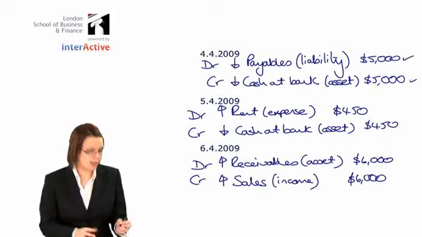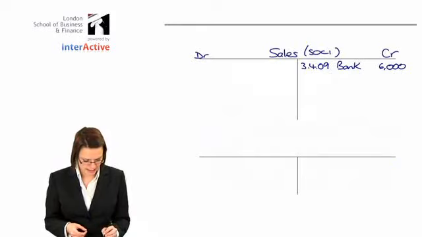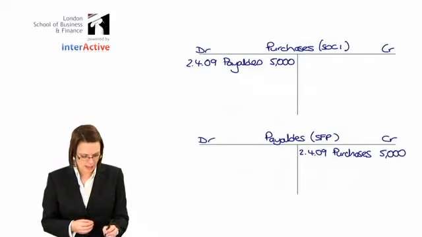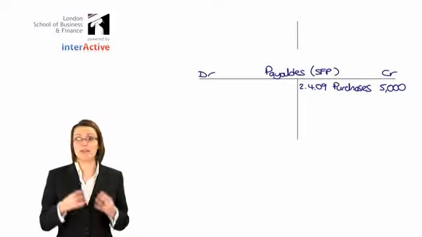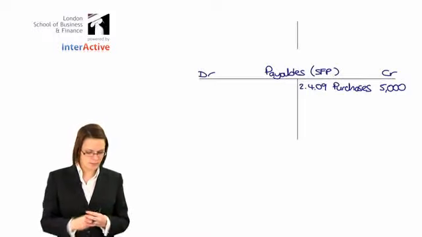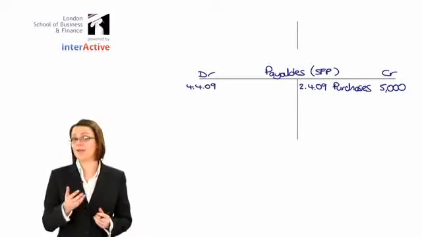So, let's go back to our payables account. And we said with our payables account that we were going to debit it with $5,000. So, we're going to look at the date, 4th of April 09 on the debit side.